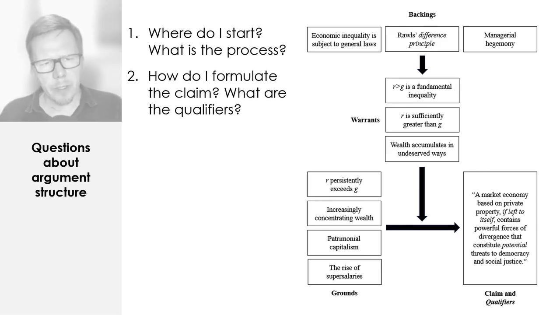Piketty was very clear that there were important qualifiers and no grounds could support the claim alone. This links back to the idea of not overplaying your hand. If you don't insert qualifiers, then you're very likely overplaying your hand. You're making an unconditional statement when you should be making a conditional one.